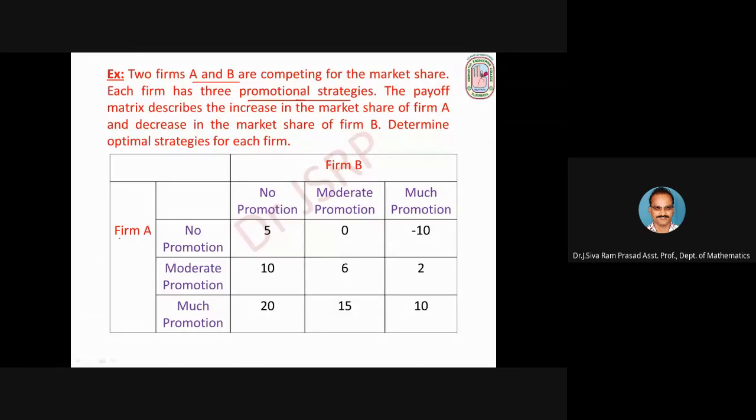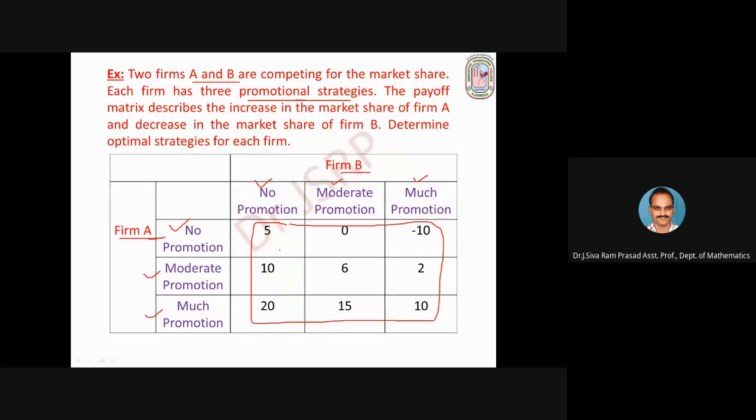Okay. So firm A has three options: no promotion, that is no advertisement; moderate promotion, moderate advertisement; much promotion, much advertisement. Firm B also has the same three strategies. So these are the market share increments for firm A and decrements for firm B.